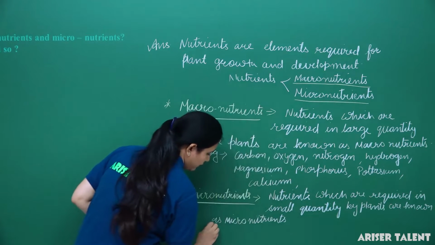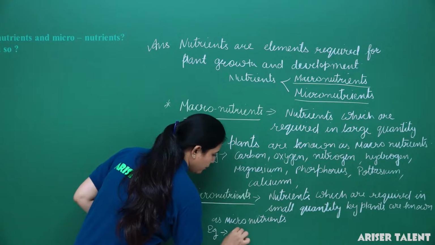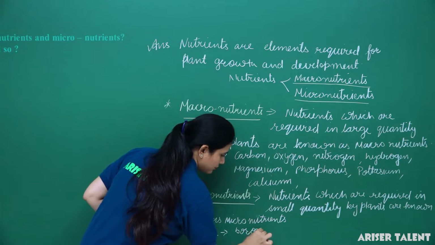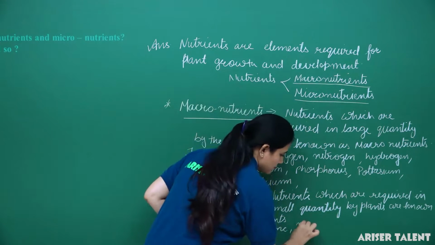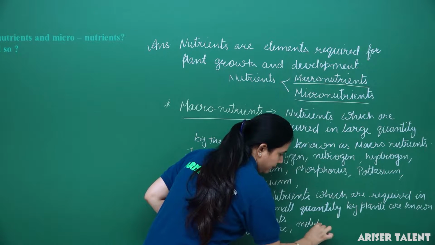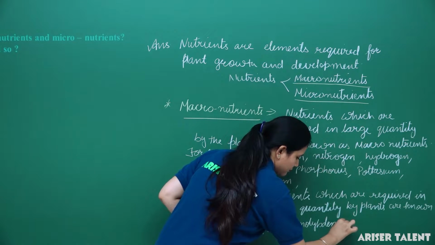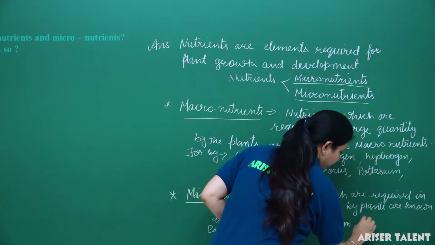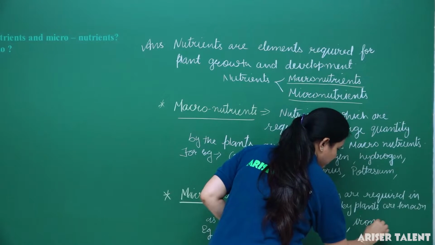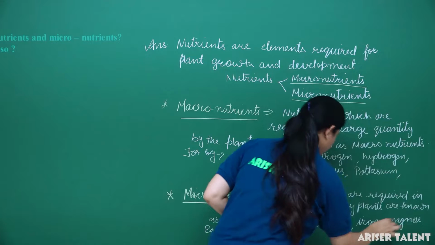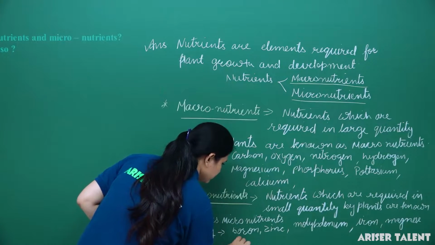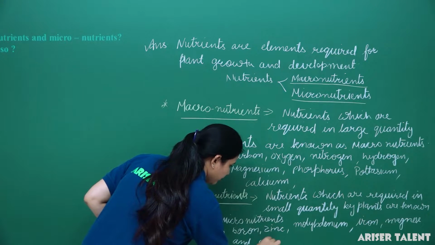And what are they? They are like boron, zinc, molybdenum, iron, manganese, and chlorine.